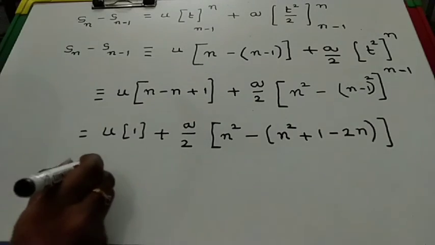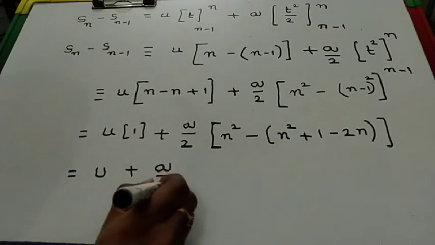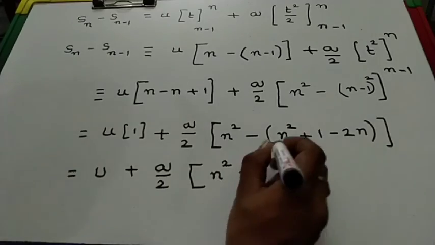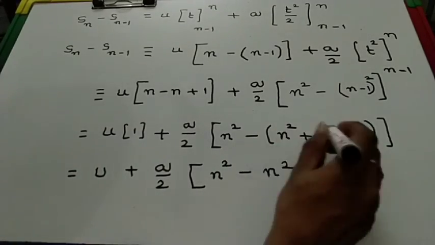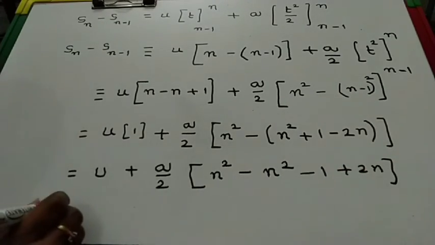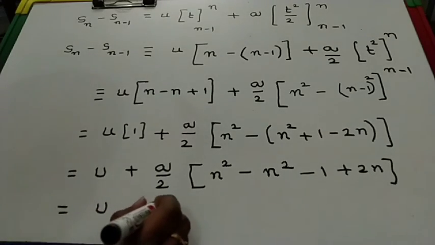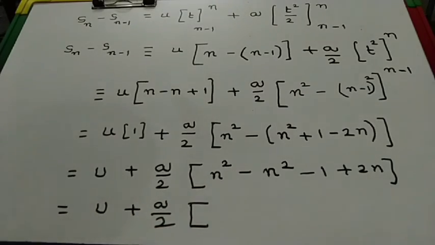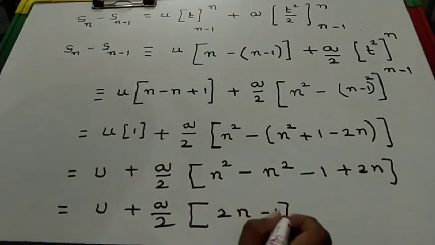That is equal to u plus a by 2 into n square minus n square plus 2n minus 1. That is equal to u plus a by 2, n square cancels, we have 2n minus 1.